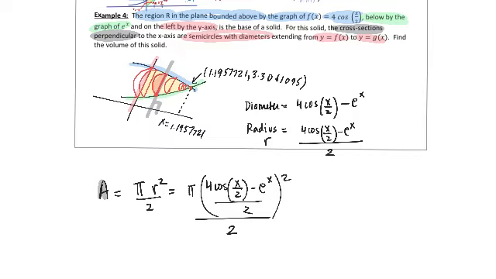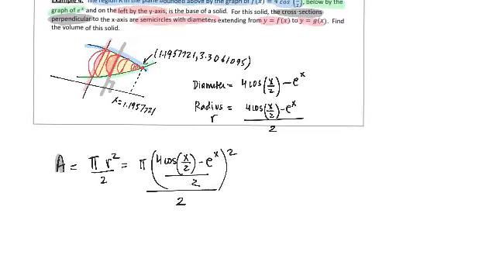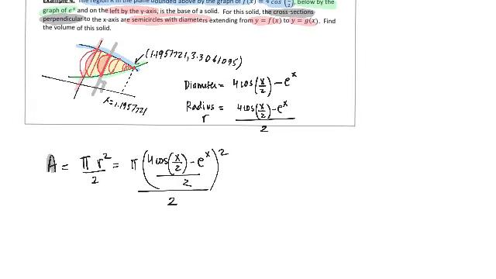I mean, you could put this in exactly like that into your calculator. Maybe that's your safest bet, because you might make a mistake if you try to simplify it. And anyway, the volume is going to be the integral starting at 0 and going until this x value, 1.1957721. This a of x, notice this area is a function of x, right?